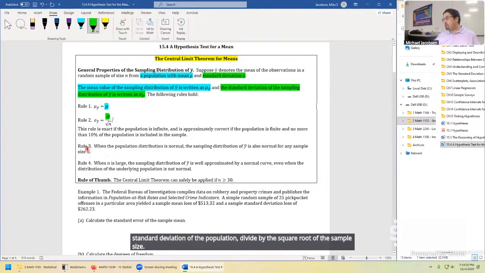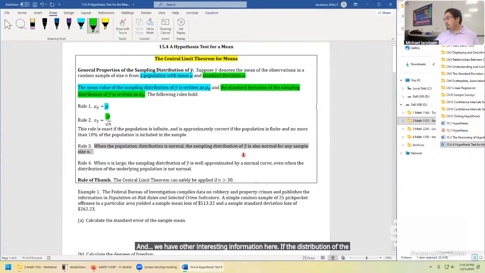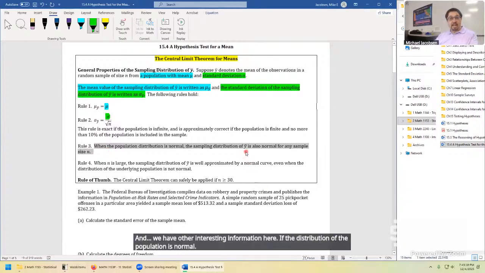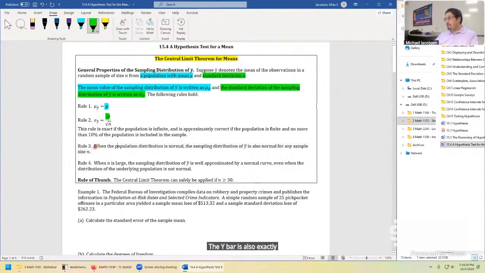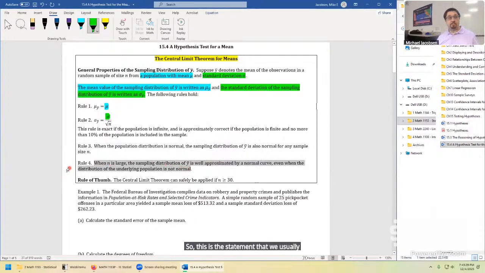And we have other interesting information here. If the distribution of the population is normal, then y bar is also exactly normally distributed. But this is something rarely true exactly in practice. So this is the statement that we usually default to in the central limit theorem.